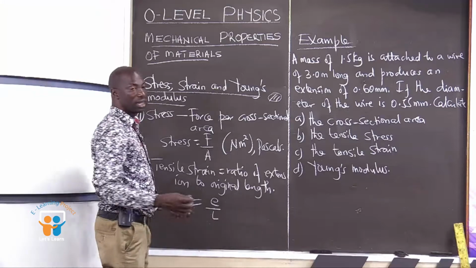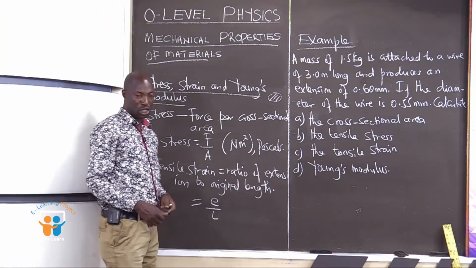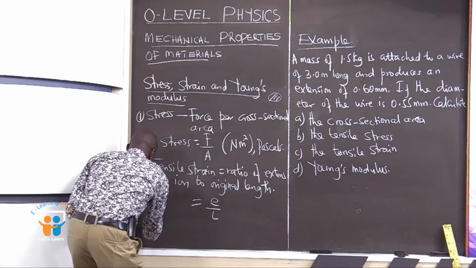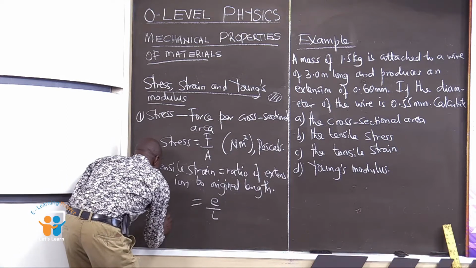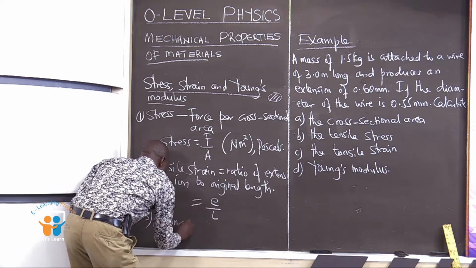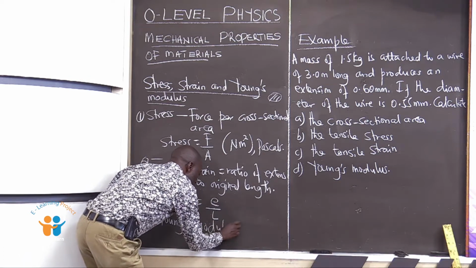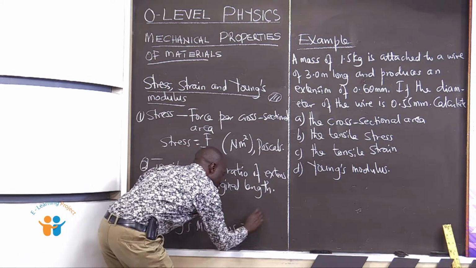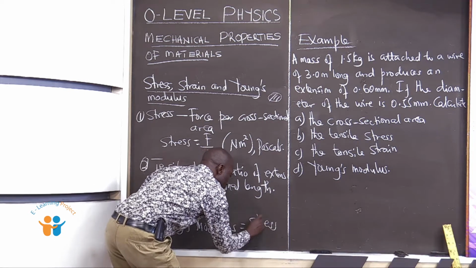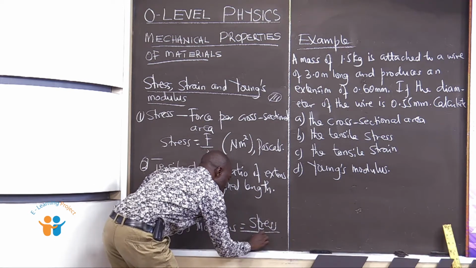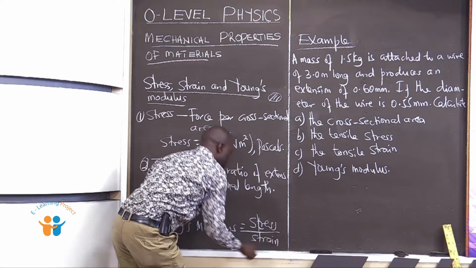Now, the last one is just the ratio of the first two, which is Young's modulus. Young's modulus is just equal to stress over strain.